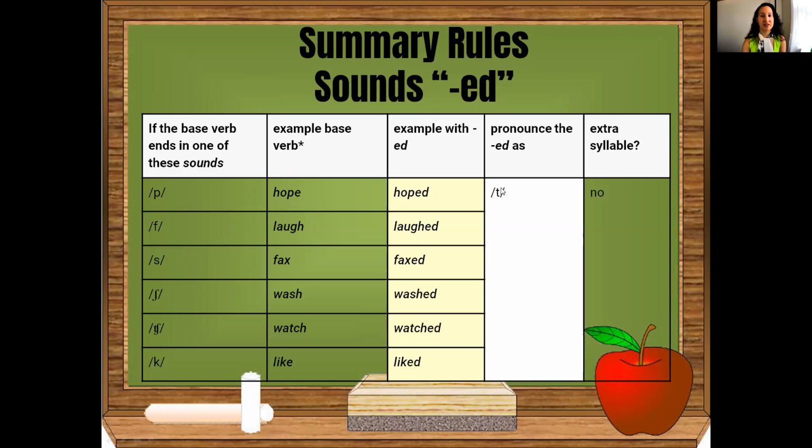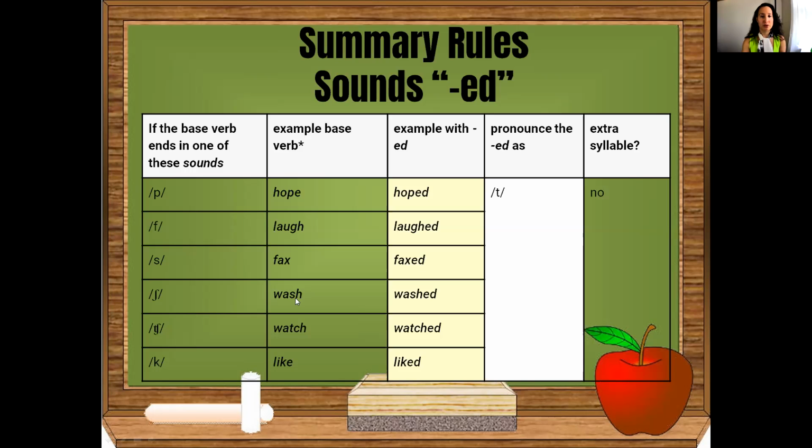Now, if we have the T sound, what would it sound like? Laughed. What about this one? Remember, T sound, so take this and add the T at the end, and what would it be? Faxed.